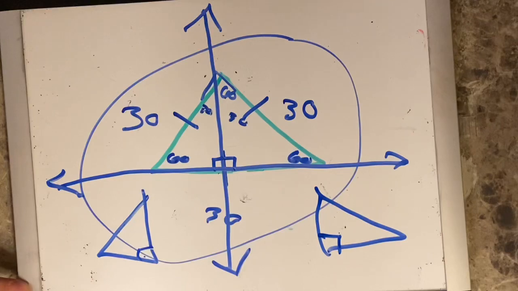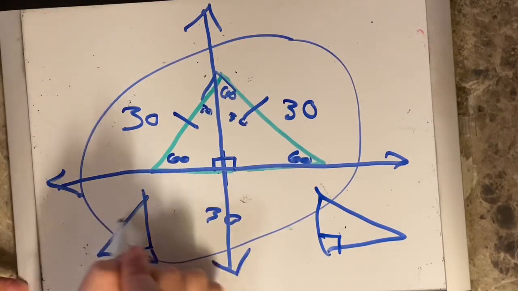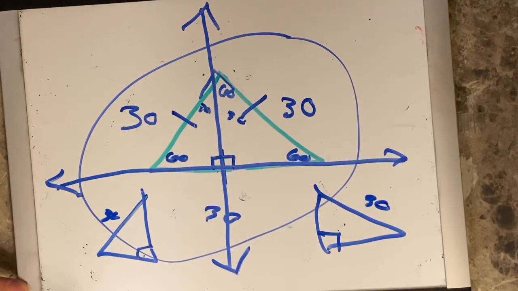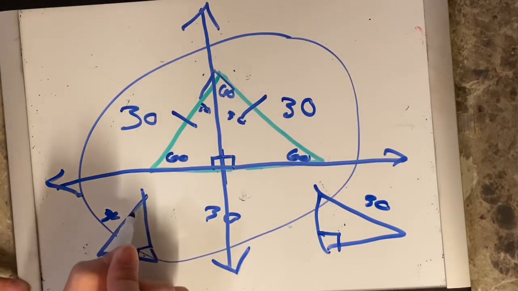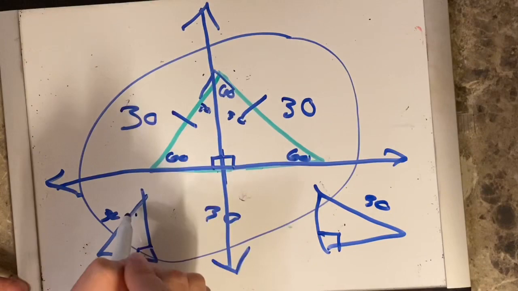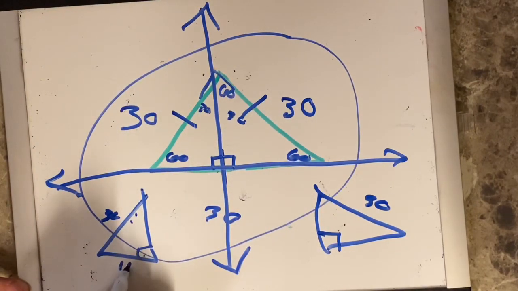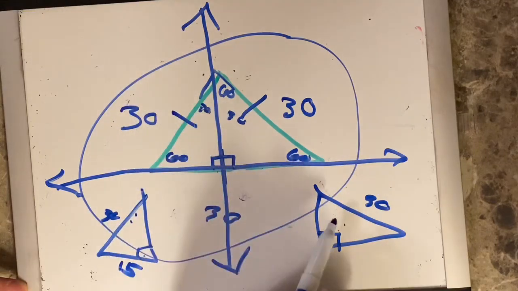Crazy, right? And since we already know this side is 30, this side is 30, that means the smallest side, which is this one right here, the 30 degrees, the smallest side will be 15.